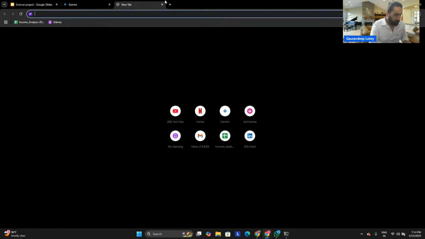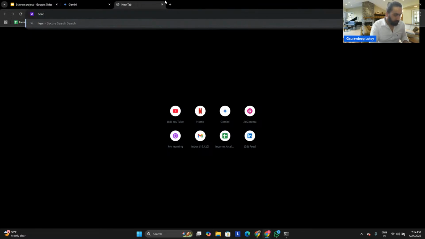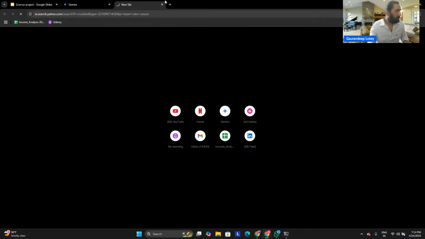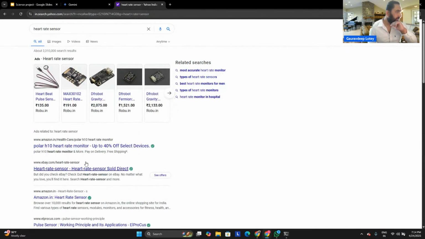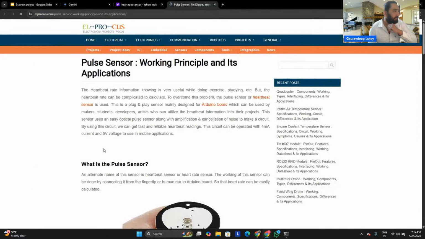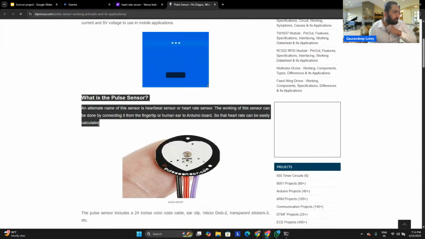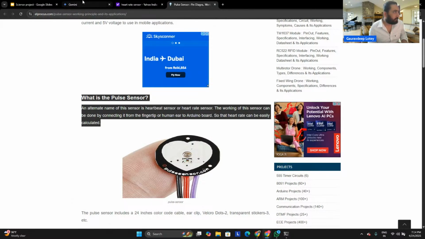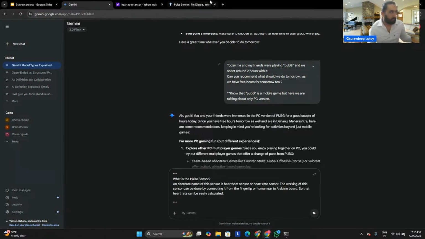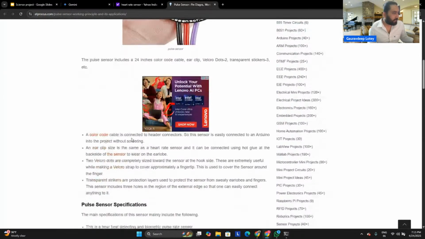Now let us find a few things. Heart rate sensor. Let us take a pulse sensor. Let us copy this part. Now, usually, if I add something in three quotes, this is how I add knowledge base whenever I am working.